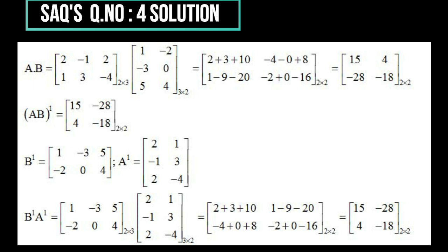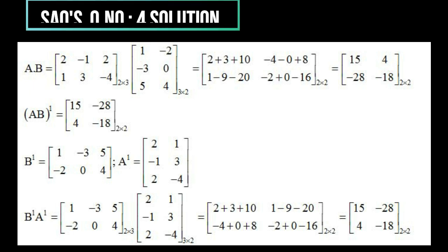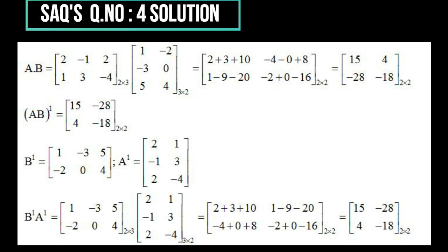Now multiplying these two, B dash A dash. Again B dash is of order 2 by 3 and A dash is of order 3 by 2. Multiplying these two, we get a matrix of order 2 by 2, which is equal to 15 minus 28 4 minus 18. Therefore AB whole dash is equal to B dash A dash.